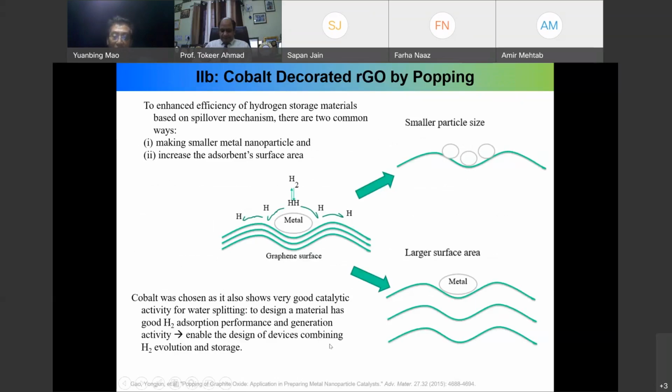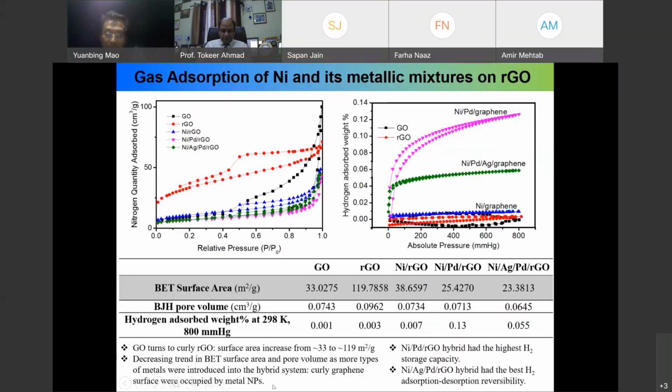Then the thing is, we also considered that the sample we showed earlier takes a while to synthesize. And also the surface area, as I showed here, for the reduced graphene oxide, is actually not a high value, at least based on the literature. I mean, we didn't try to optimize that. The purpose of this study is to show that these metal particles help improve the hydrogen absorption.